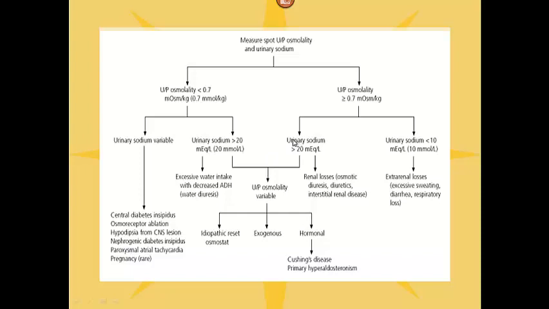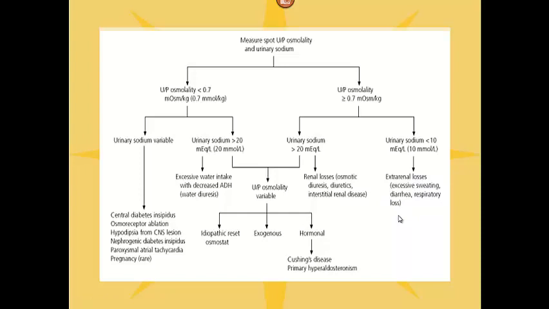On the other hand, if the urine osmolality is elevated and the urine sodium is also elevated, the most likely cause is renal losses, due to diuretics. If the urine sodium is decreased, then extra renal losses are present, and this is due to dehydration: sweating, diarrhea, respiratory losses, etc.